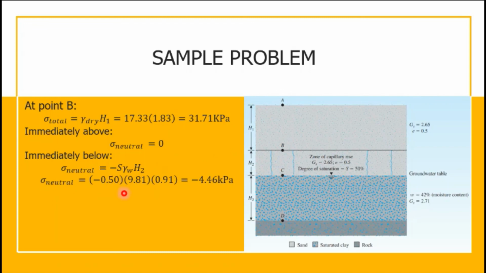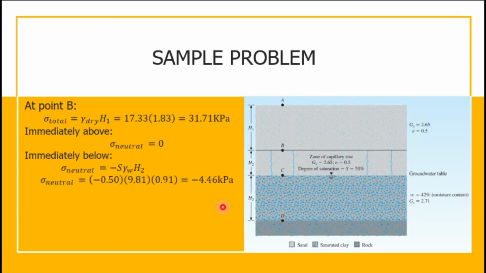Therefore, if we substitute the values, this will give us negative 0.50, the degree of saturation, multiplied by the unit weight of water, which is 9.81, and H sub 2 is 0.91, which is given in the problem. This will give us negative 4.46 kPa or kilonewton per square meters.